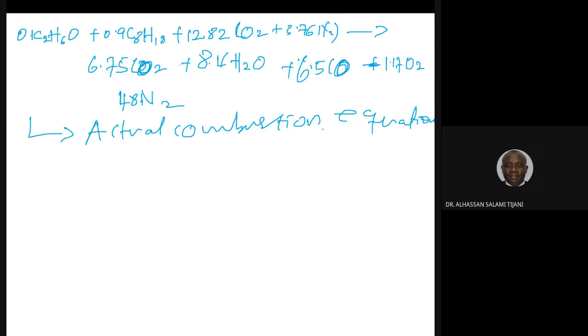So now let us determine the fuel-air ratio. The fuel-air ratio for the actual combustion equals mass of air divided by mass of fuel.